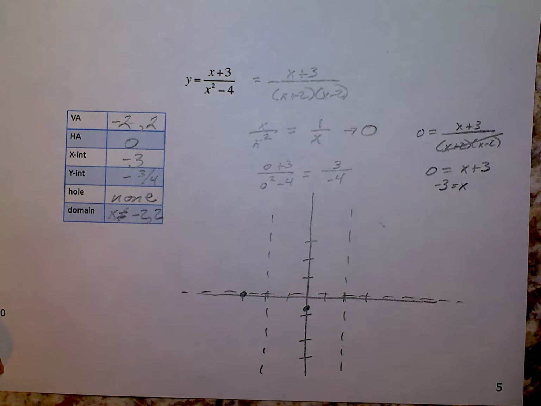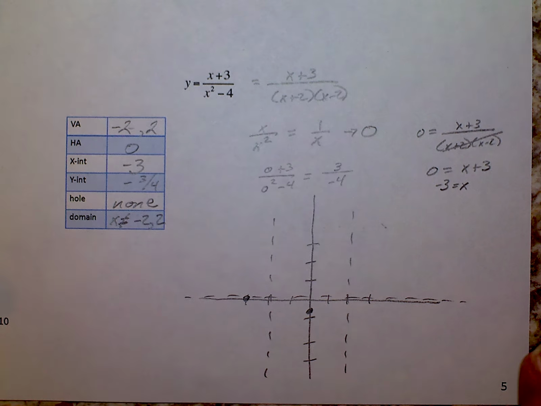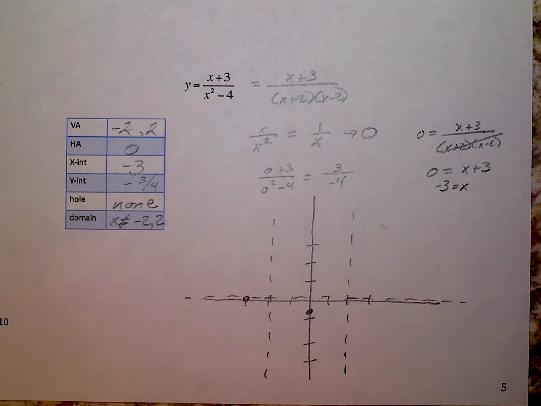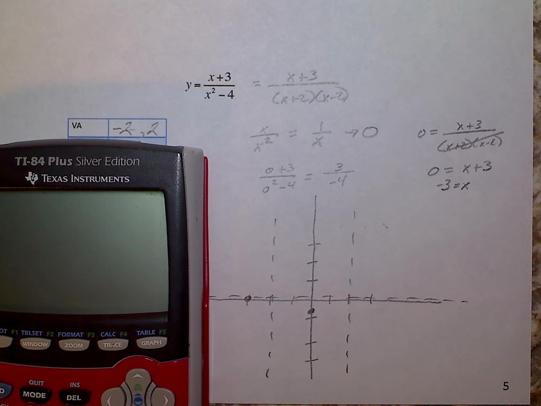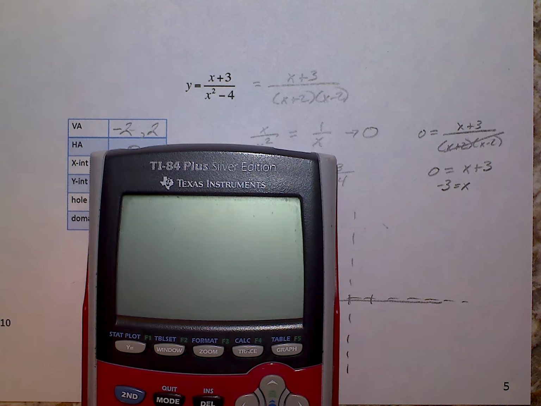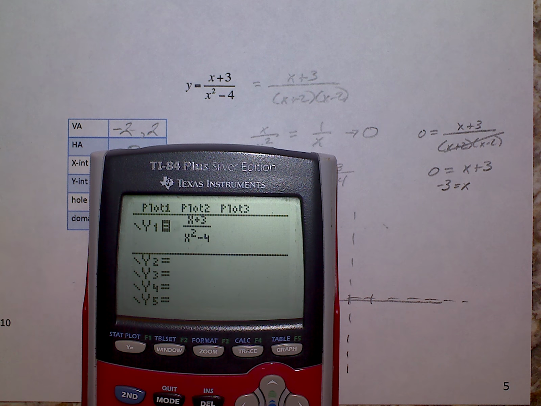And so what we'd like to do is use our calculator to give us kind of an assist. So I'm going to take my calculator. Look, I have it plugged in already. Hooray!